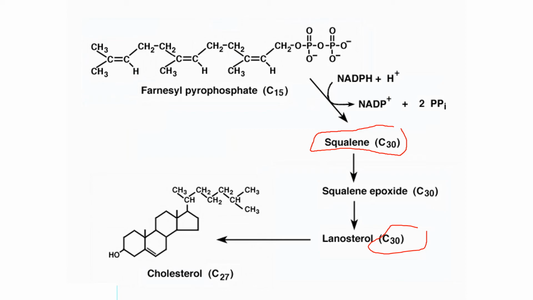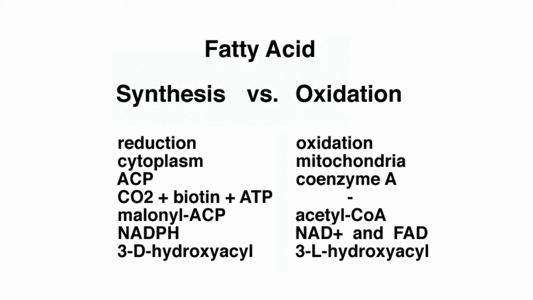And lastly, the slide I mentioned earlier, the comparison of the differences between fatty acid synthesis and beta oxidation. I think this is important for you to know, so I suggest you study this. And there are basically three of these differences that contribute to the favorable thermodynamics of both pathways.